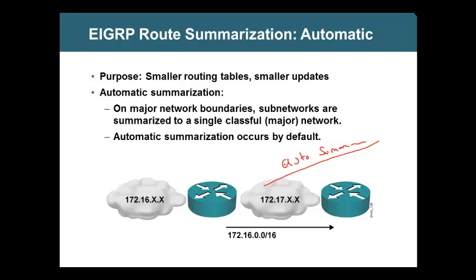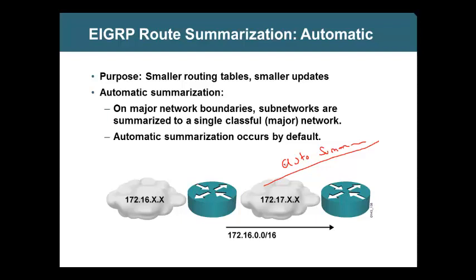So when you say auto summary, what will happen? The network mask will come down from VLSM, variable length subnet mask, to classful mask.